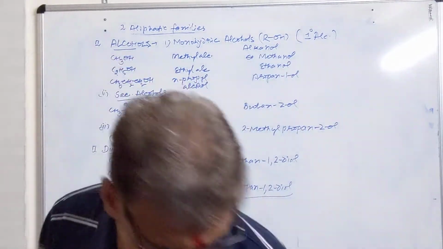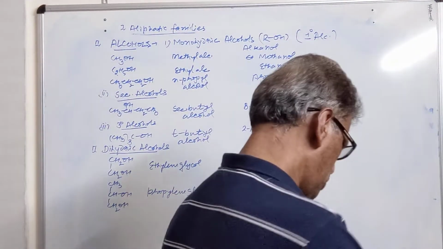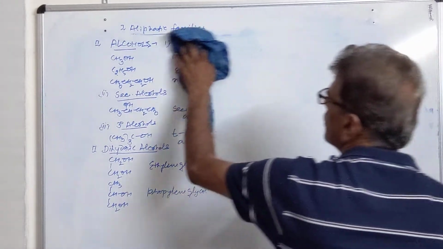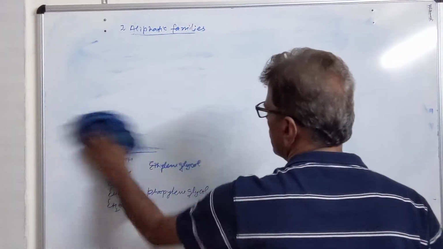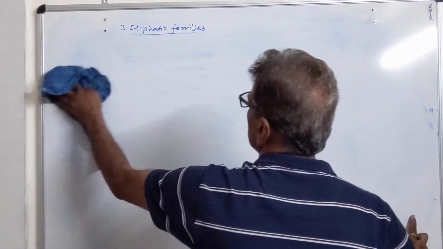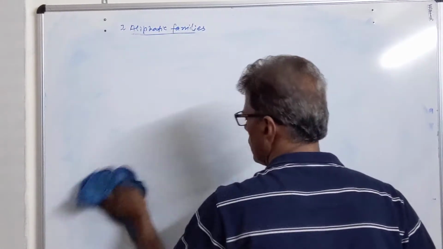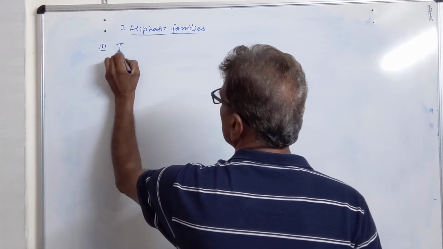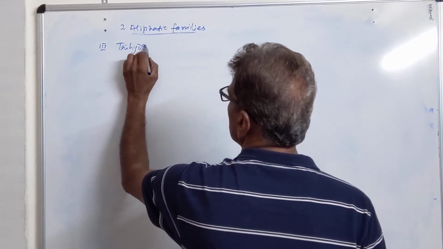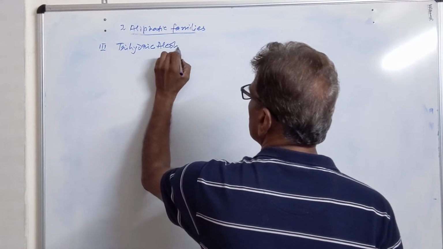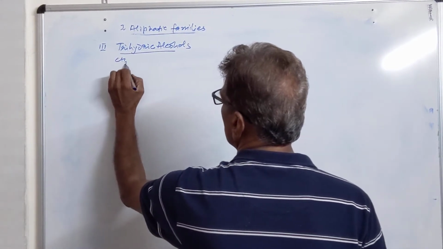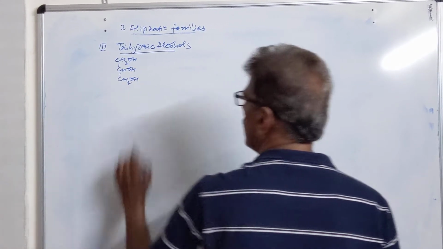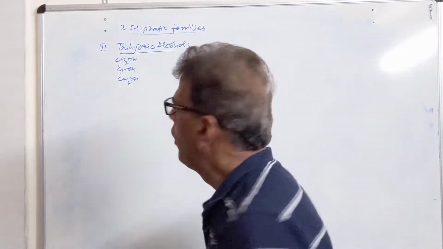So these are dihydric alcohols. Then we come to trihydric alcohols. This is our common glycerin or glycerol.